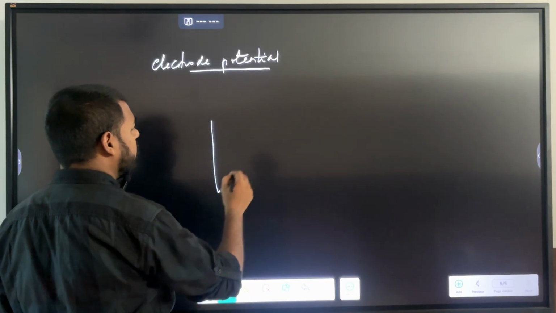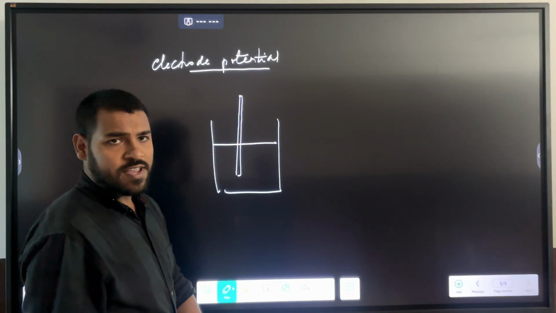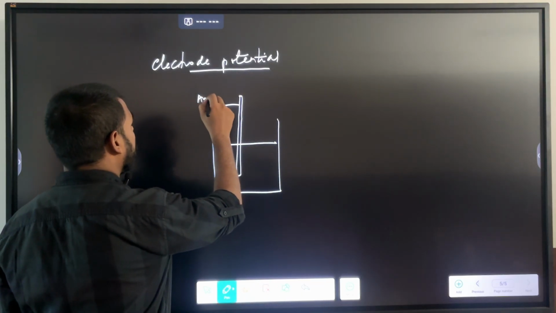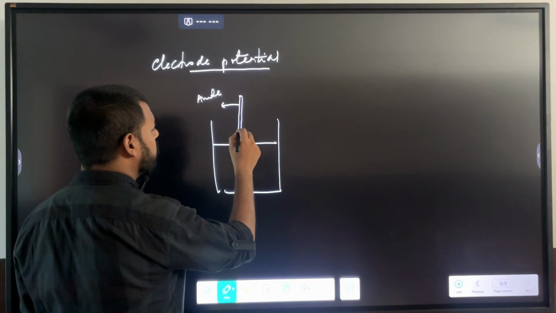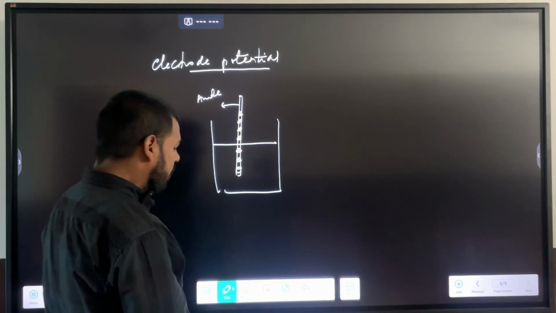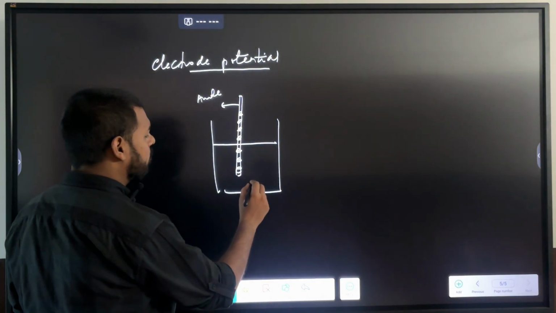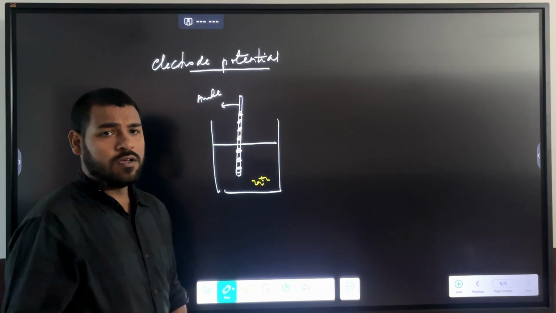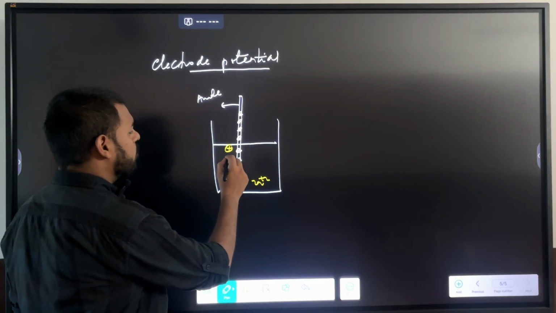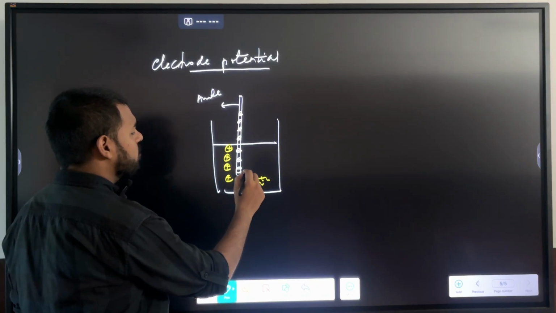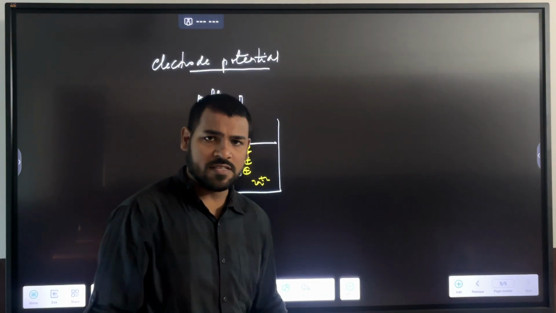We have the oxidation half reaction where we have the anode, and we know that the anode is negatively charged due to the oxidation, because in the given example Zn plus 2 comes out of the rod into the solution. So we have positive ions surrounding the negative electrons because opposite charges attract each other.